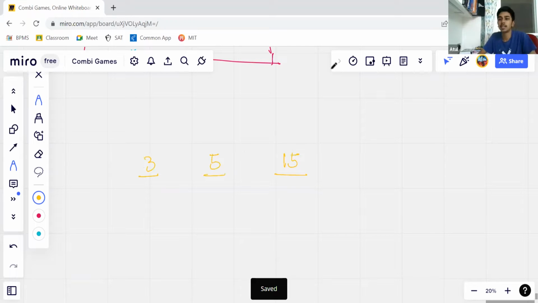So in this game, each configuration can be represented as ABC, where A is the number of things in the first pile, B is the number in the second pile, C is the number in the third pile. And as the game passes, there's only finitely many configurations that can happen because there are only 4 choices for the first thing, 6 for this, 16 for this. So this way, we can actually label every configuration. Does that make sense?